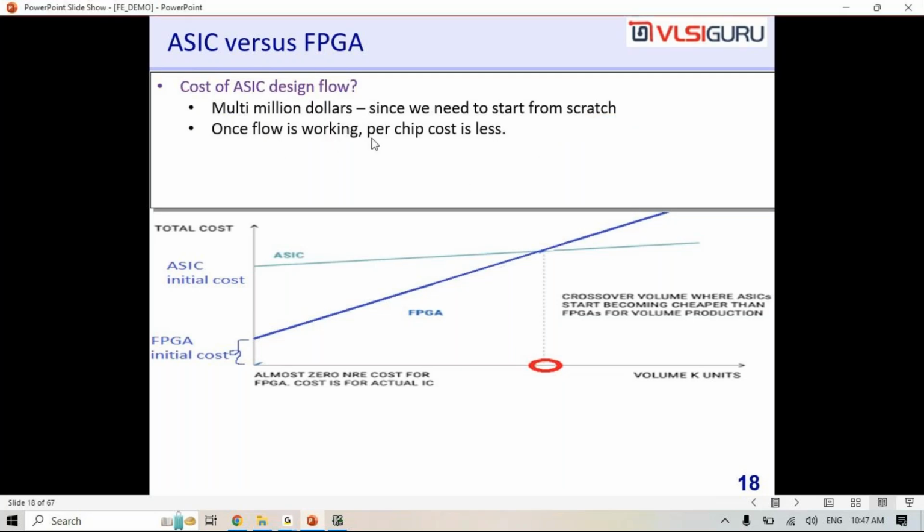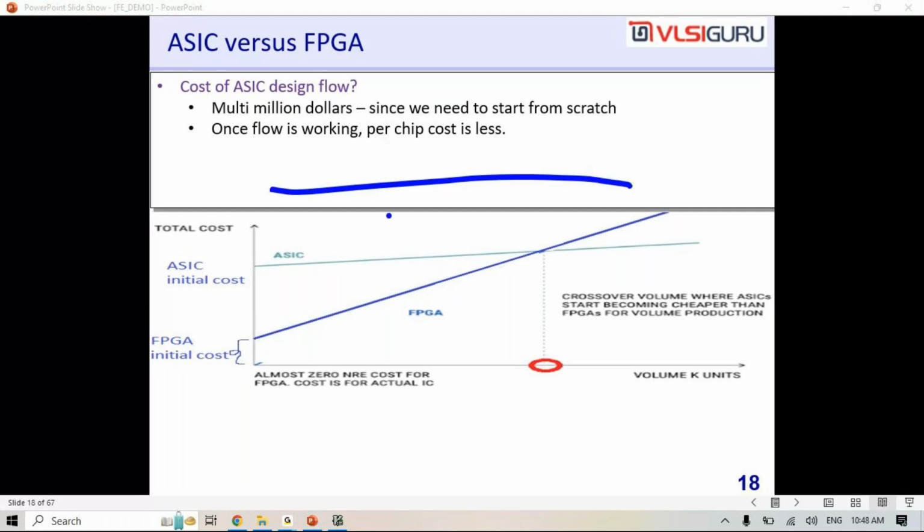Once the flow is working, per chip cost will be less, because once you know this is the flow I have to follow, once you have that model, it's like a simple analogy: movie making. To make a movie, let's say it takes 500 crores.